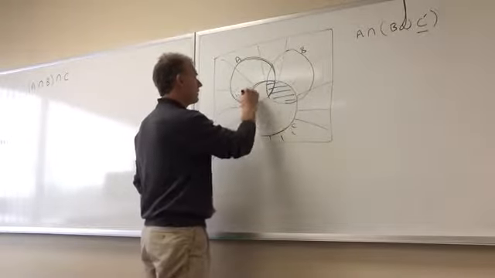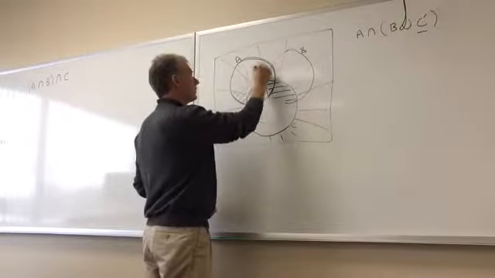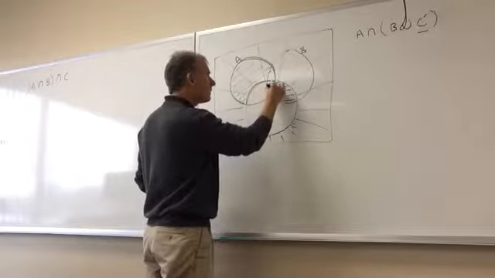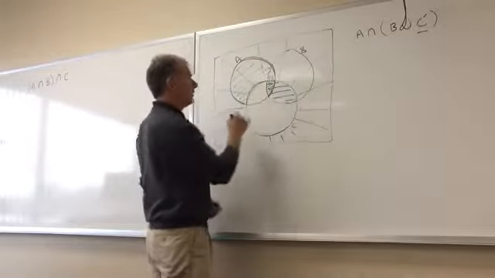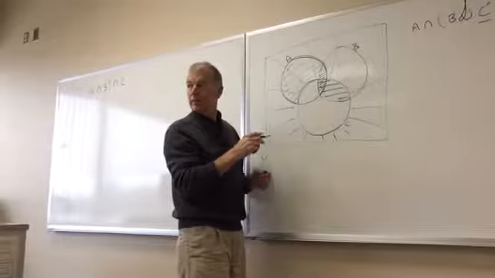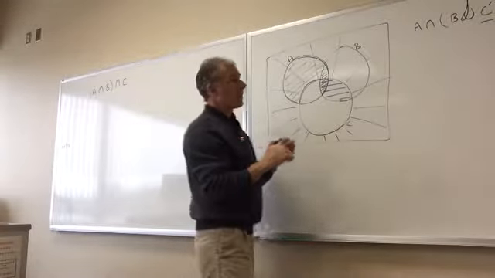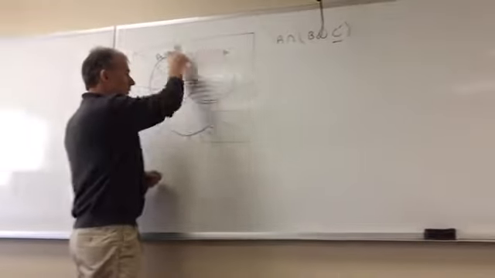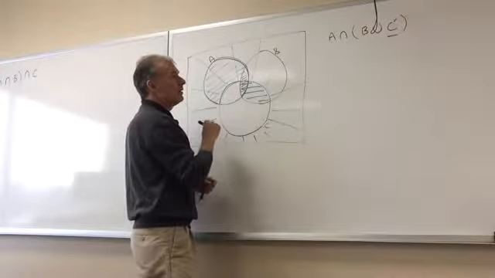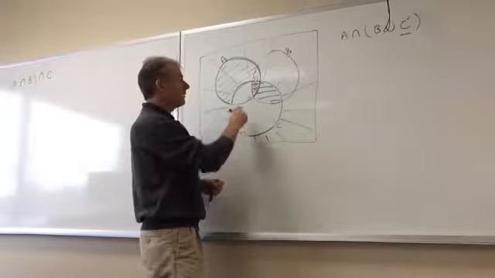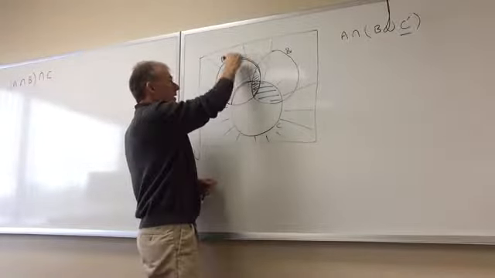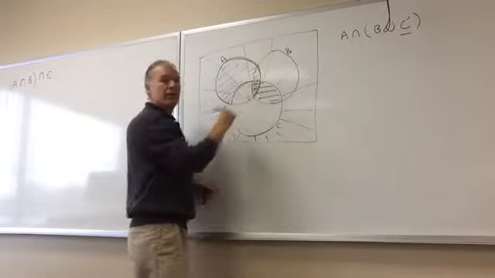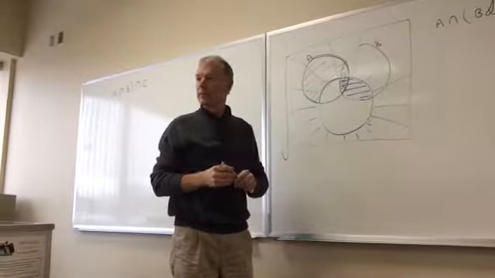Okay, so it'd be that and that. So we took all of this, treated as one thing, which was everything out here and this, and we said, where does that stuff overlap the A? And it overlaps the A out here and that funny little piece. How's that?